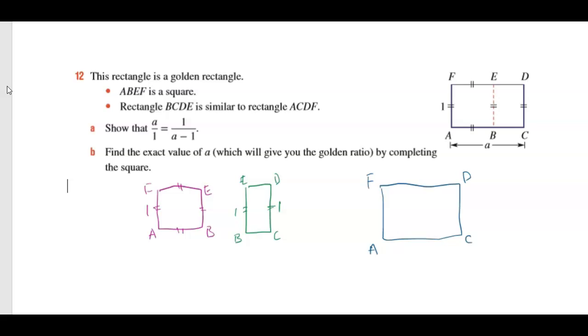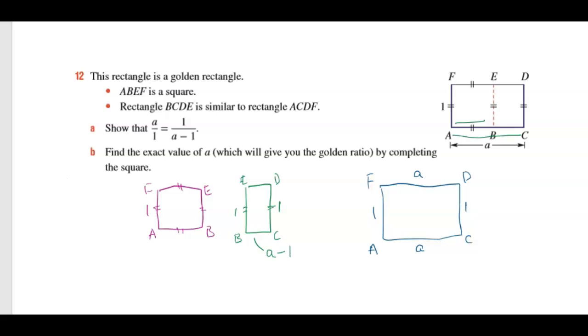Now this side on the bottom is A, and this is 1. Okay, so this side here is also A, and this one is 1. So basically, let me just go back and get my green pen. If this is A, so you can see A is here all along, and if this is 1, that means this side here is just going to be A minus 1.